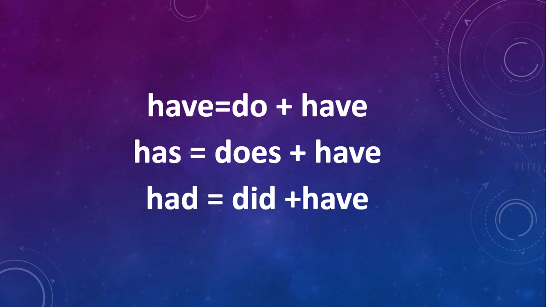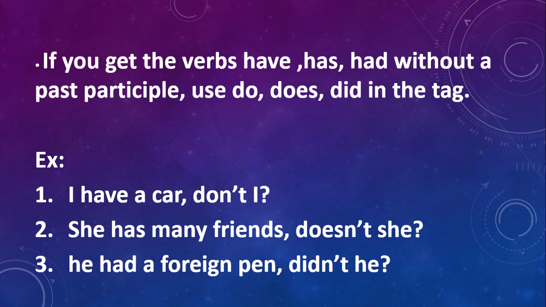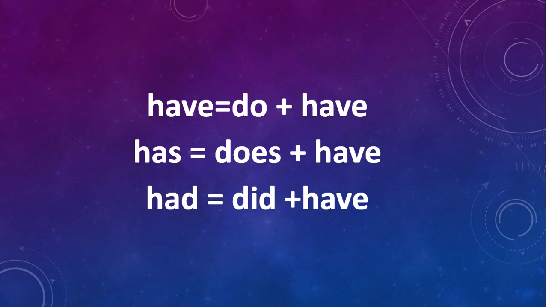So here you have to use did, followed by a negative tag n apostrophe t and then followed by a pronoun. Didn't he? This is actually a very important rule which will be very helpful for you while answering question tags. Just have this in mind. I repeat. Have is equal to do plus have. Has is equal to does plus have. And had is equal to did plus have. Kindly remember this in your mind always.